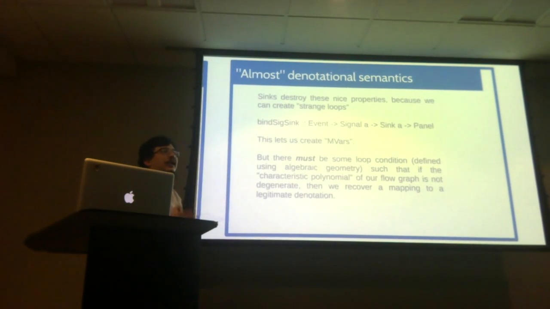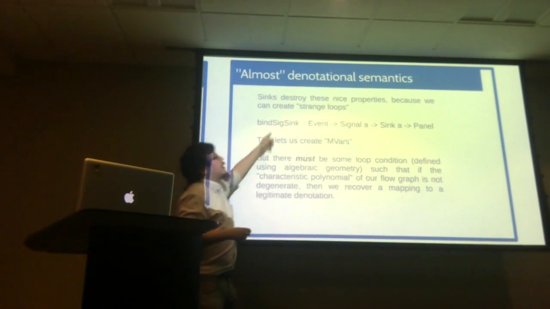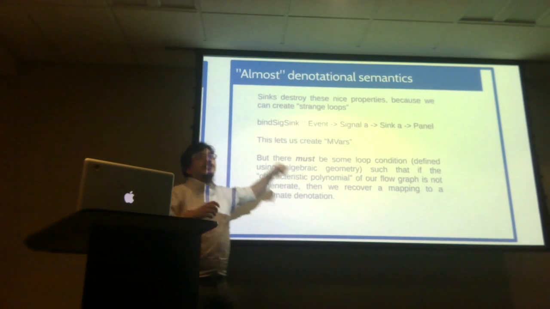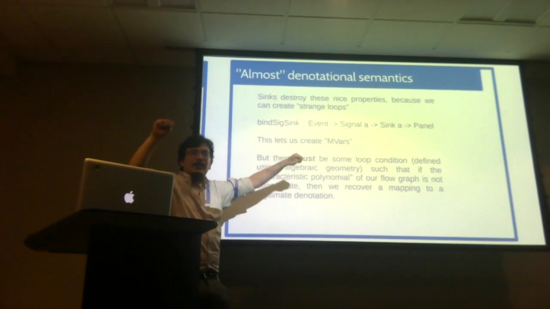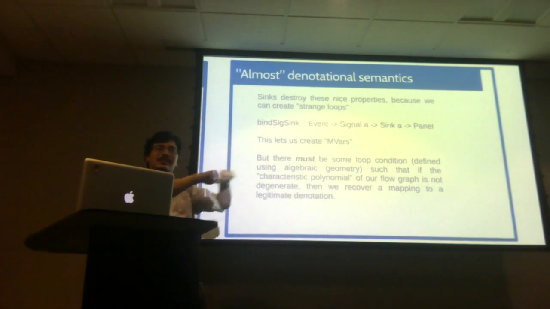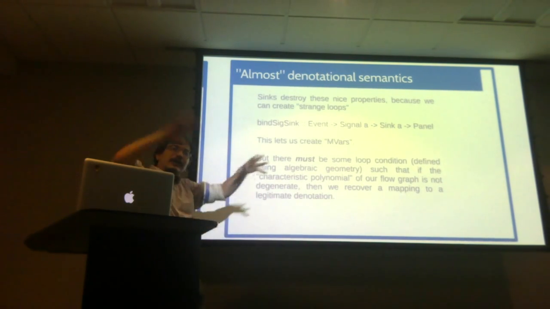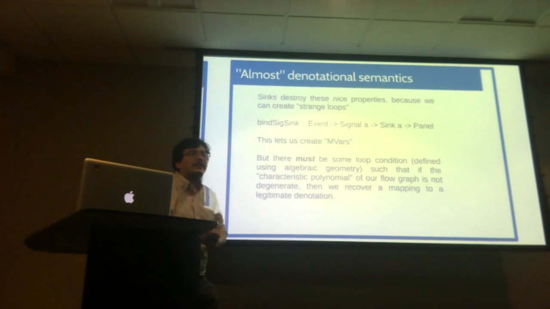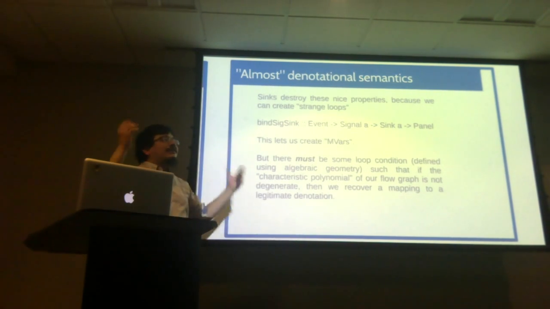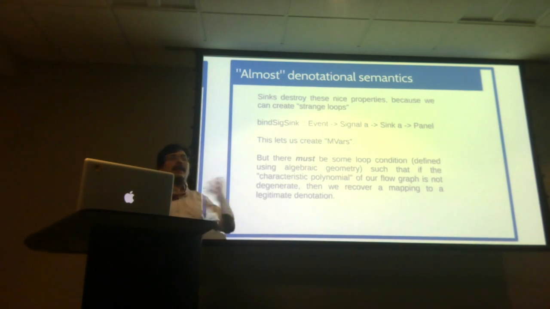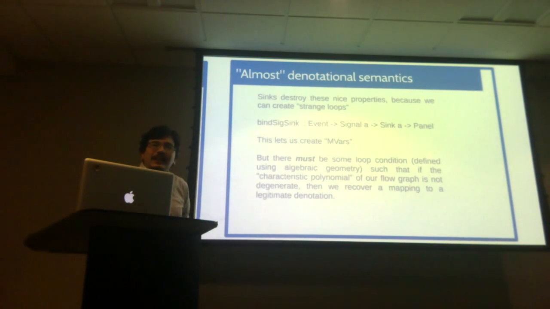The reason I did this is I really needed loops, because if you can produce a sink and signal pair that are tied together, right? And Hudak calls them like black holes and white holes because they give you spooky action at a distance inside of your whatever your reactive semantics are. Then you can create MVars. So now I have top-level mutable state. And now I can't give it a nice semantics anymore because I've got full imperative programming now. And that's what sinks are used for, is pure evil.